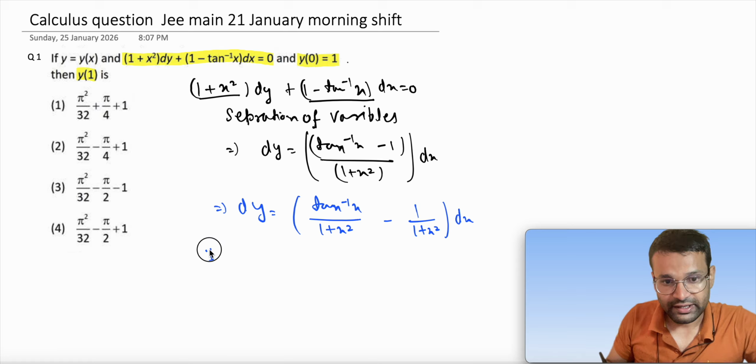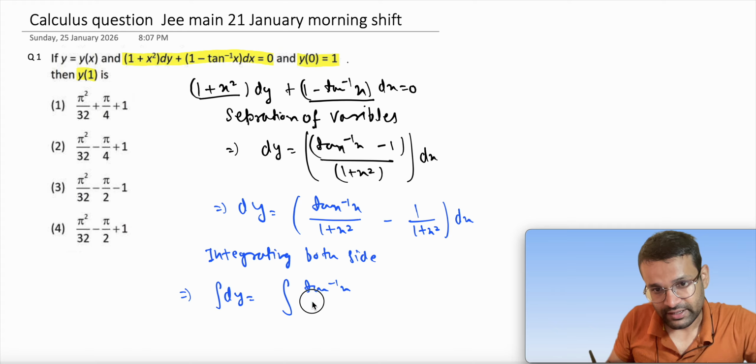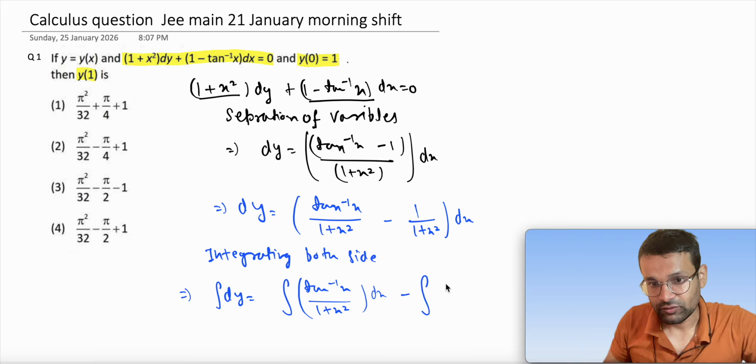Now we partially divide: dy equal to tan inverse x by 1 plus x square dx minus 1 by 1 plus x square dx. Now integrating both sides.